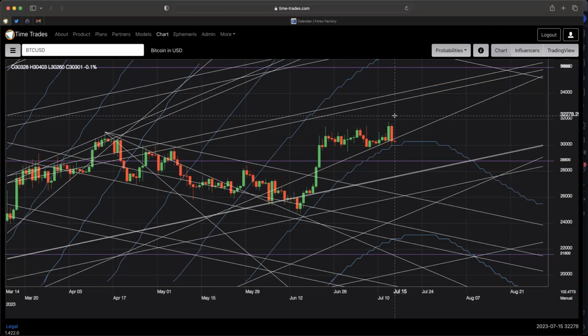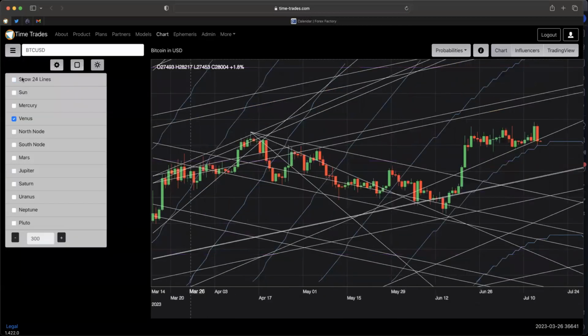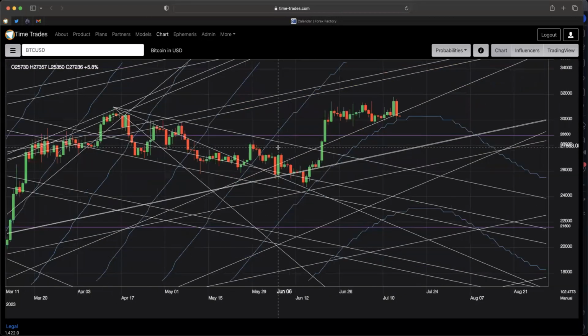I think a general comment when it comes to all of the Wheel of 24 features is these 24 lines that are pink now are really, really important and valuable. So I would encourage you to take a look at those in your chart.